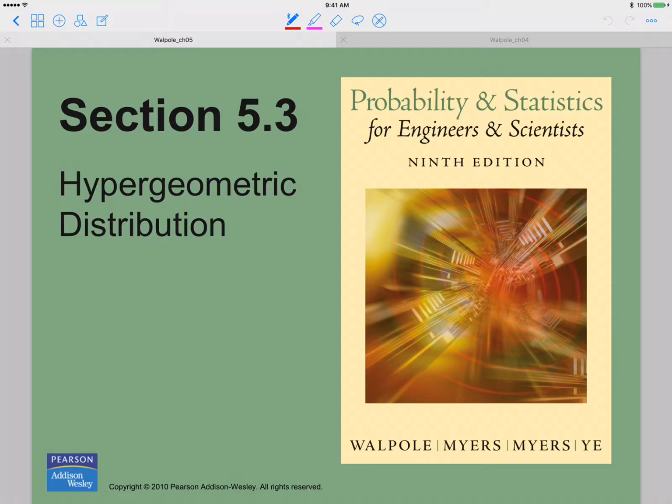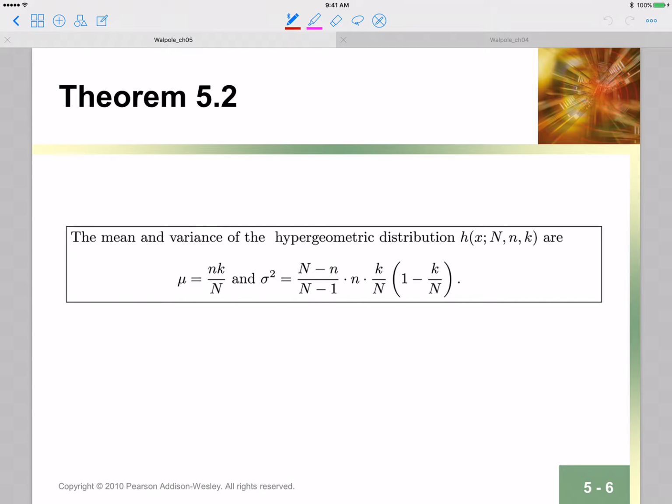And then the next distribution is called the hypergeometric distribution. In this case of a hypergeometric distribution, the story is as follows. We started with the Bernoulli random variable, and then we considered the summation of multiple Bernoulli random variables.